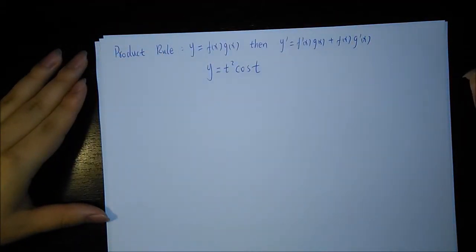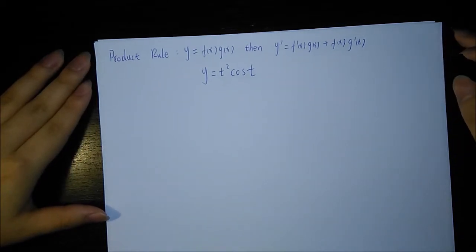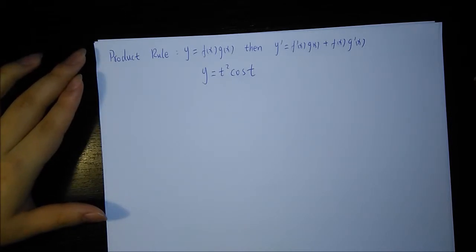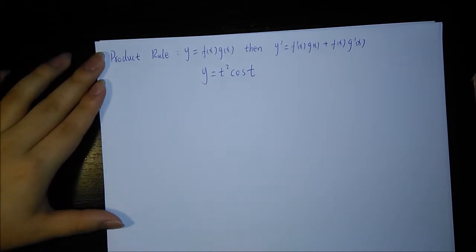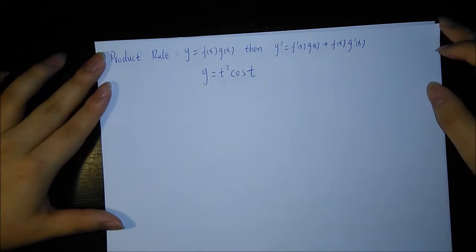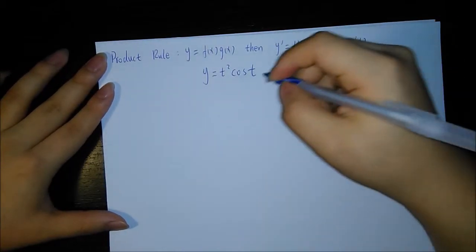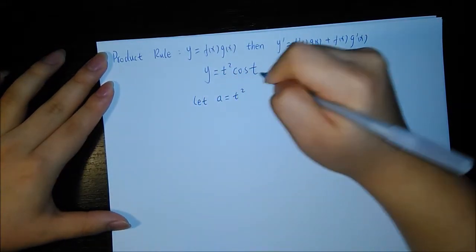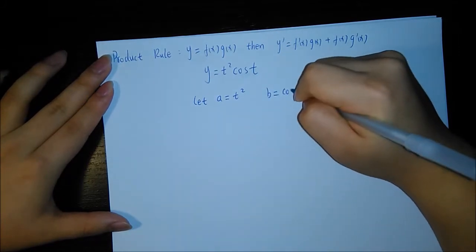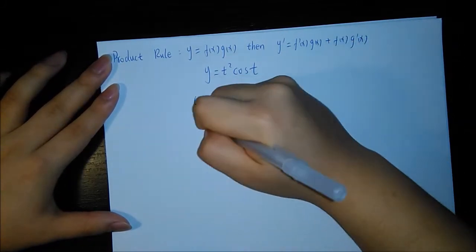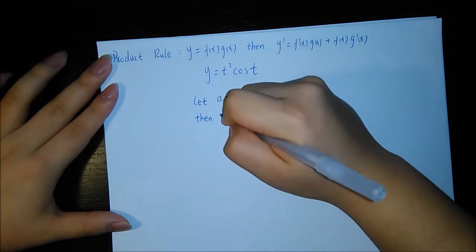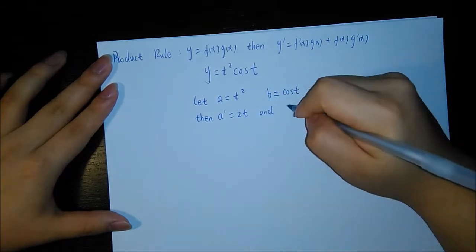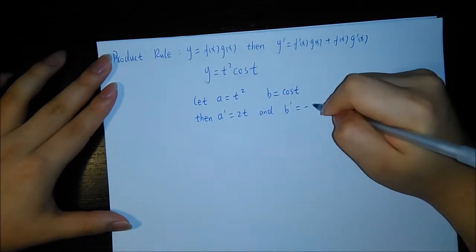For the product rule, y equal to f(x)g(x), and its derivative is the derivative of f(x) times g(x) plus f(x) times the derivative of g(x). So let a equal to t squared and b equal to cosine t. Then the derivative of a is equal to 2t, and the derivative of b is equal to negative sine t.